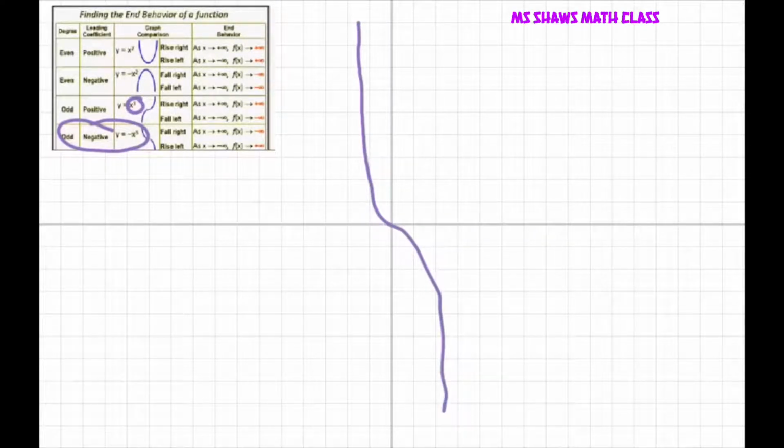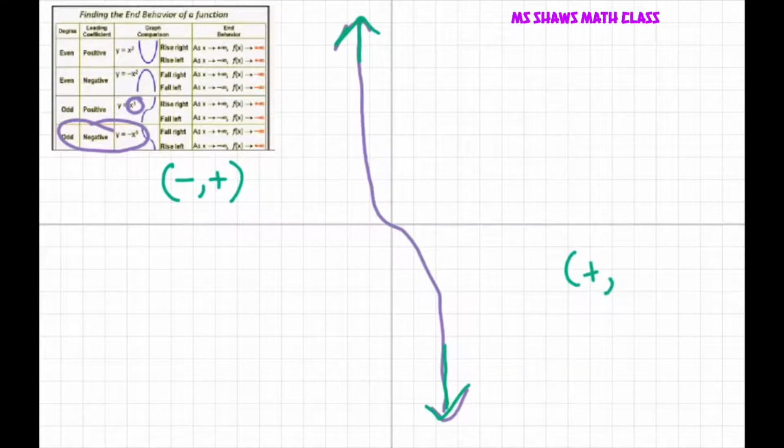So I know my end behavior, if we graph from left to right, we're going to be starting in quadrant 2, where x is negative and y is positive, and we're going to be ending our graph in quadrant 4, where x is positive, but y is negative. So that's where you get this information from.